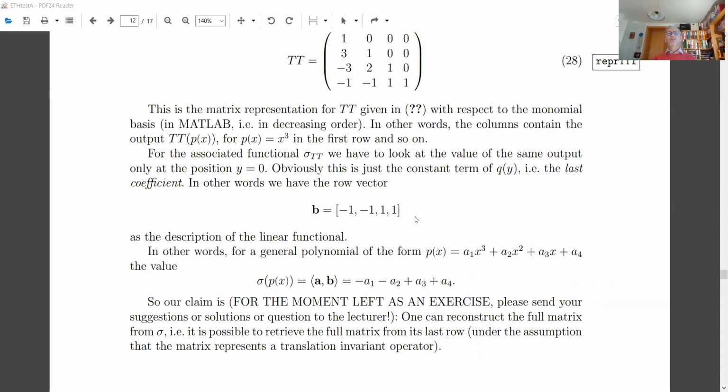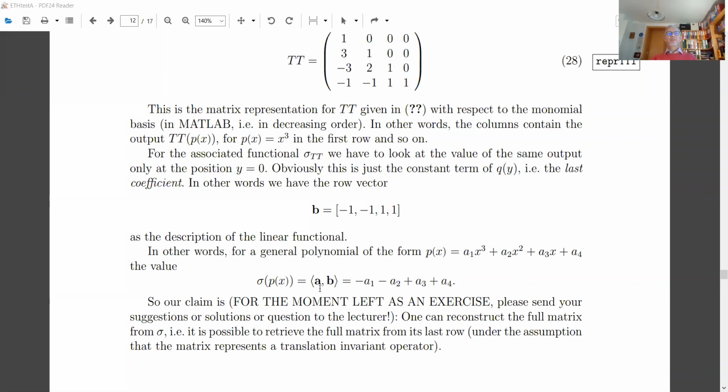So it's very easy to describe the linear functional, which I described as sigma, by a scalar product with some row vector. Recall this kind of sometimes stupid statement that the dual space of R4 is R4, the dual space of column vectors is row vectors. It simply means every sigma applied to a polynomial which is described by coefficients A, where A1 is the first coefficient going with the first exponent, which is cubic here, in this MATLAB order.